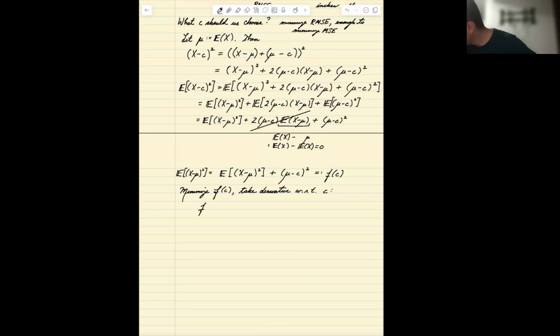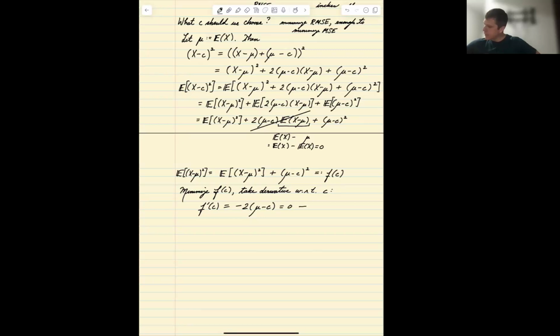So what is it? Well, the derivative of f with respect to c: the derivative of the first term with respect to c is just 0 because it doesn't depend on c. The second term is quadratic, so it's -2 times (mu minus c). Let's set that equal to 0.